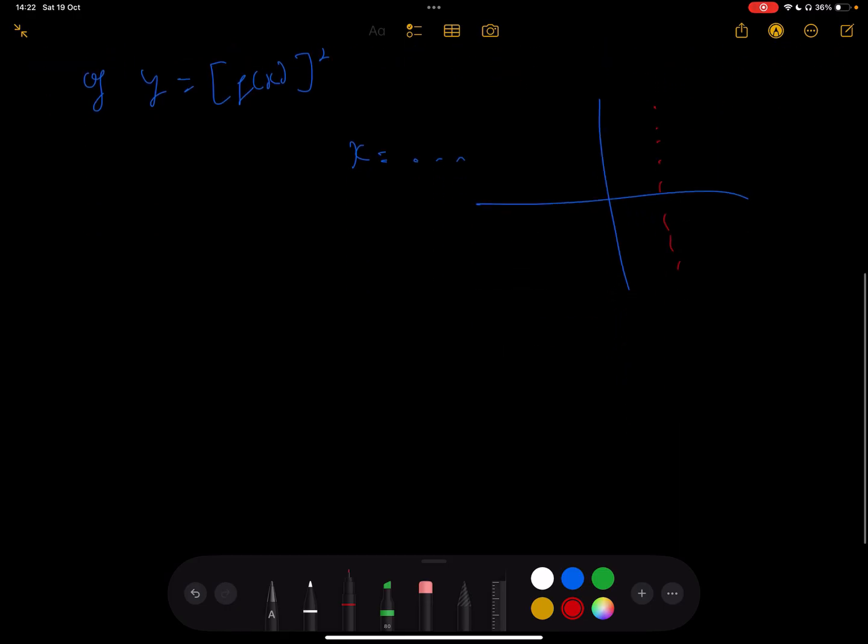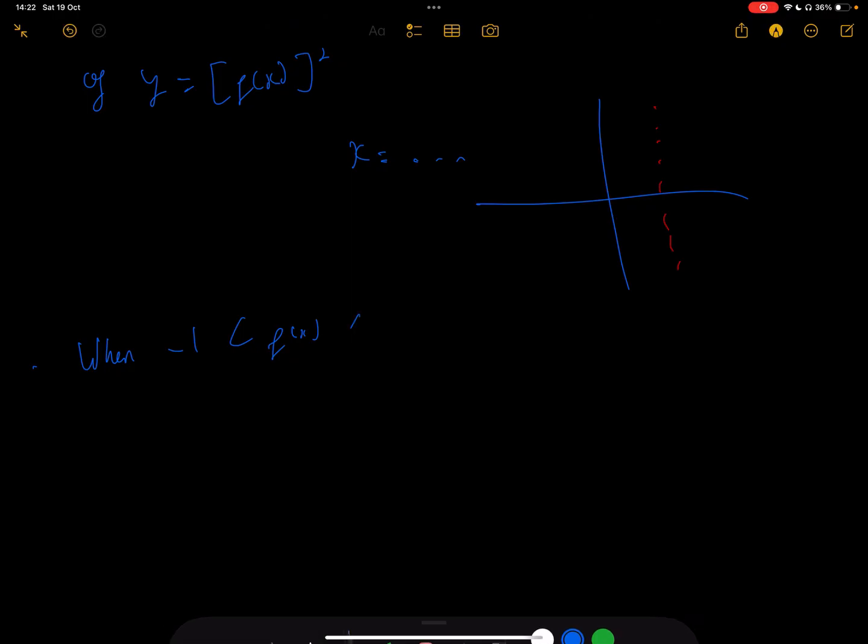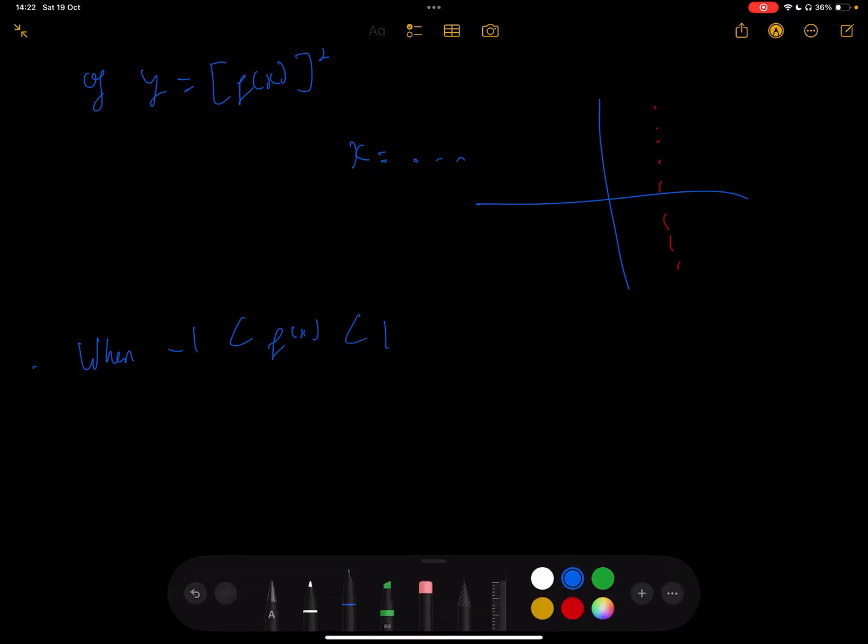Alright. Now, another thing we can also say: when f of x is between -1 and 1, y is equal to f of x squared is closer to the x-axis than y is equal to f of x.